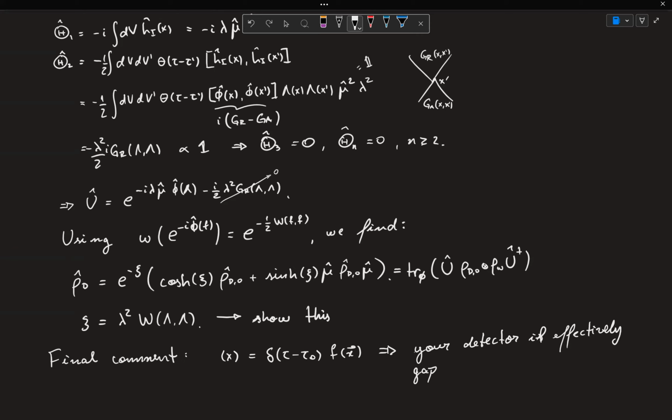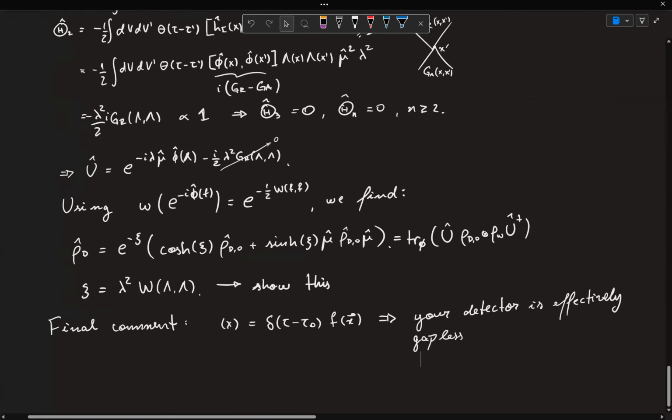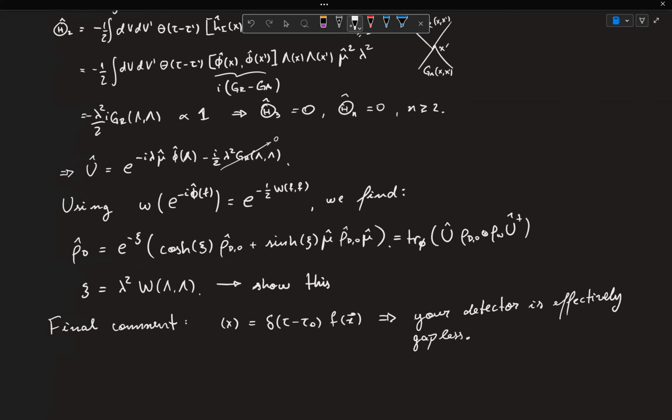This is basically an interaction that only happens in a spatial slice. So everything that we did for the gapless case is also true for the delta coupled case. You just have to replace the f's, the lambdas that we were using there, by f's that have the Dirac delta, whatever. The point is this result also applies to this case.